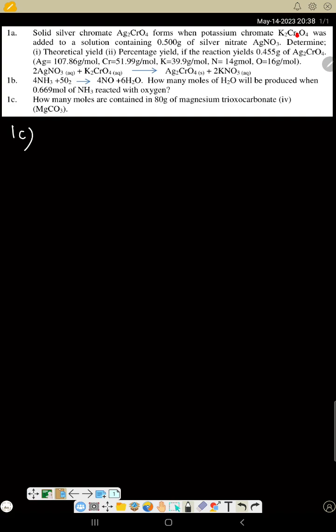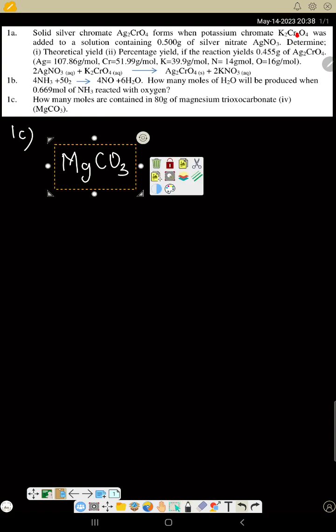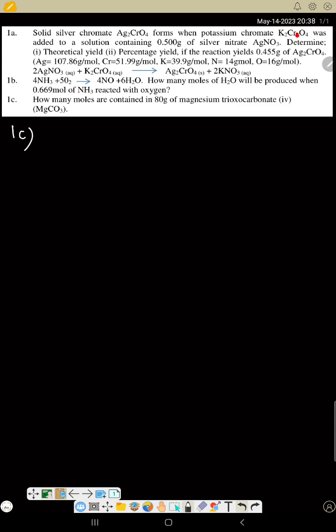How many moles are contained in 80 grams of magnesium carbonate? Magnesium carbonate is MgCO3. So how many moles are contained in 80 grams of magnesium carbonate?